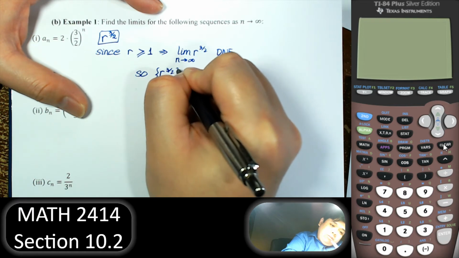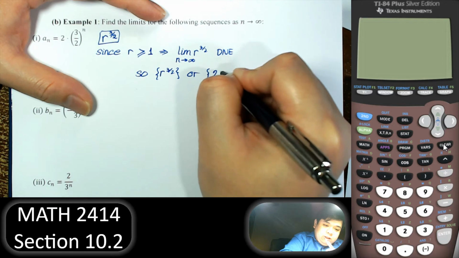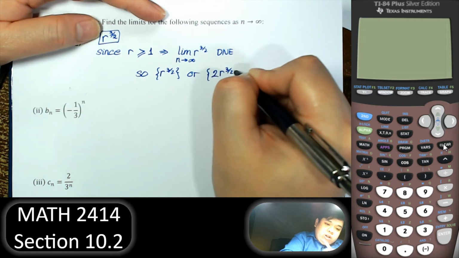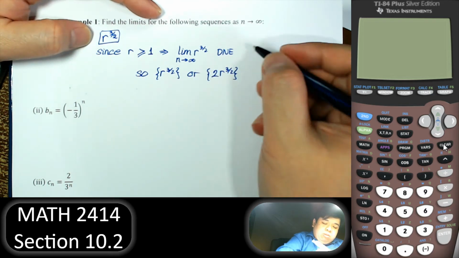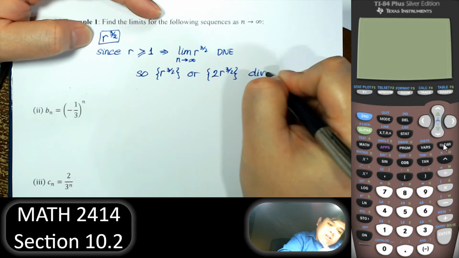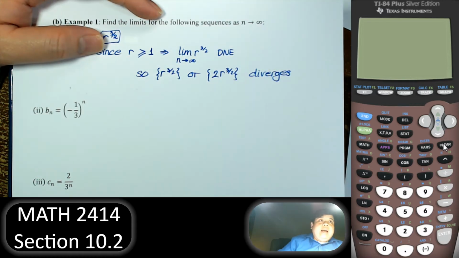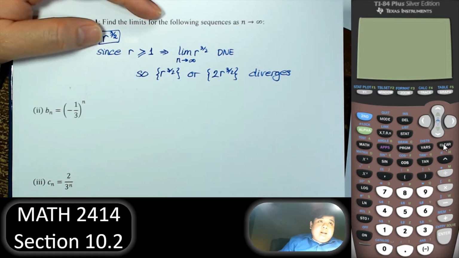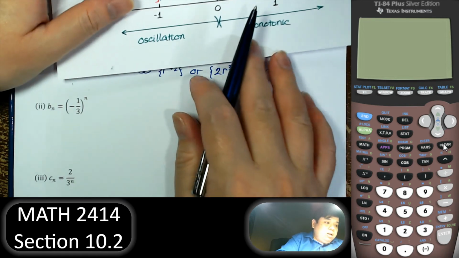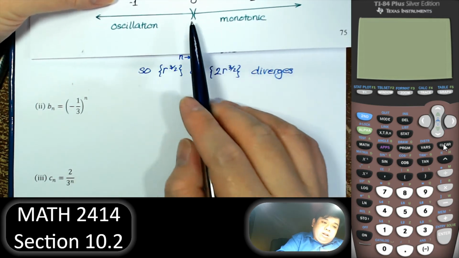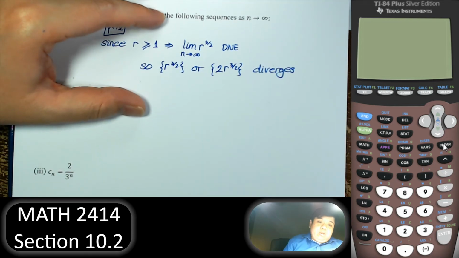Multiplying by 2 doesn't really do much, but when we do that, this sequence is divergent. In addition to being divergent, the ratio is bigger than 1, so we say it diverges monotonically.